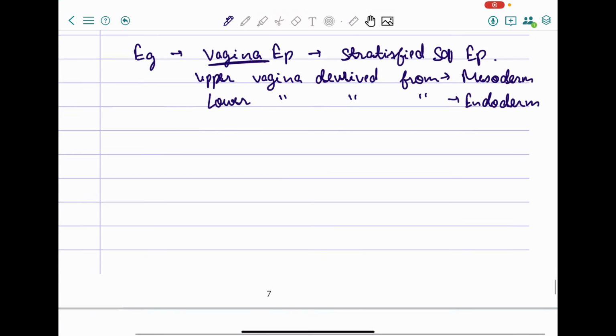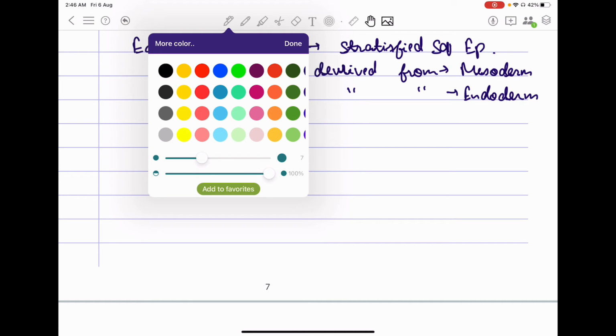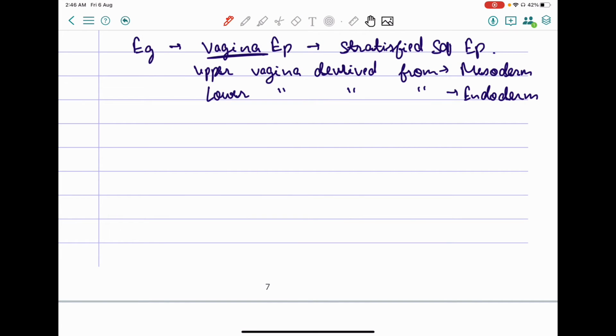But let's talk about some exceptions also. I told you that stratified squamous epithelium is only present on external openings. But here is an exception. What is the exception?